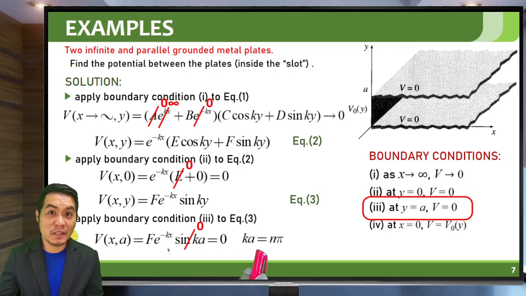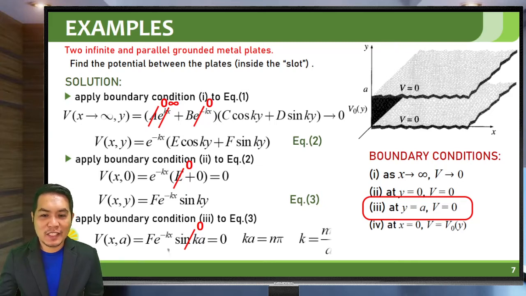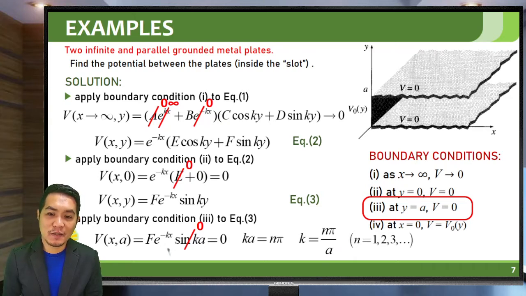So ka must be a multiple of pi, because sine of pi, sine of 2 pi, sine of 3 pi, sine of 4 pi, those are 0. So from this equation, we can now solve for the value of k. It's now n pi over a, where n is 1, 2, 3, integer values.